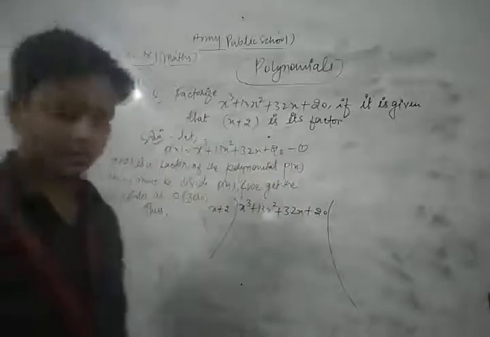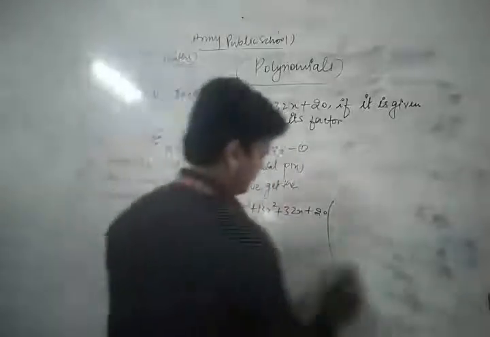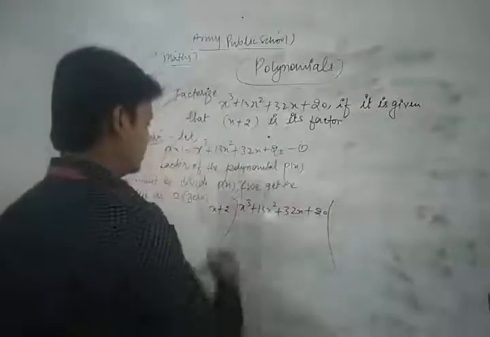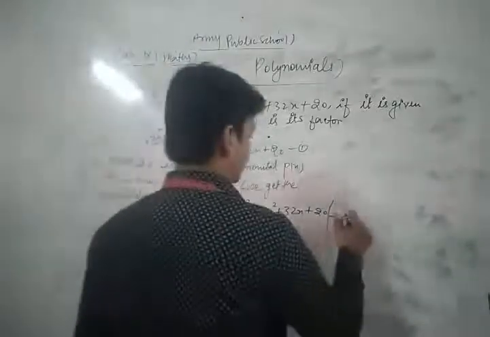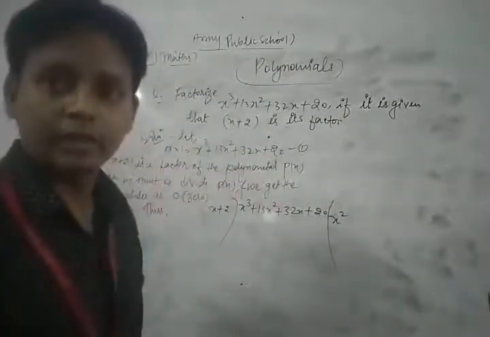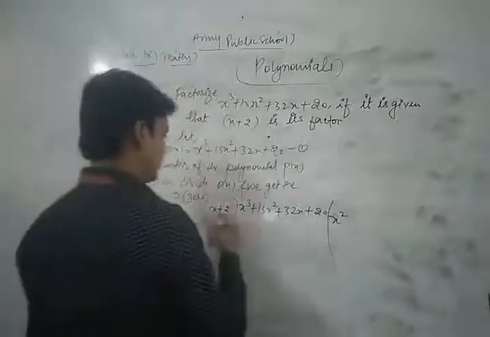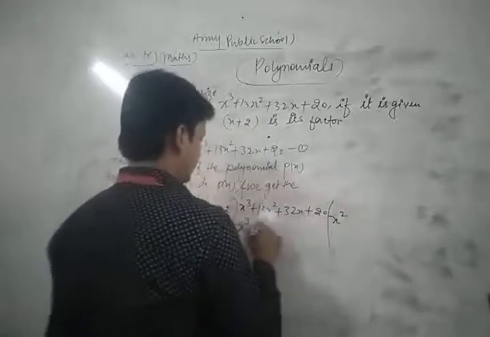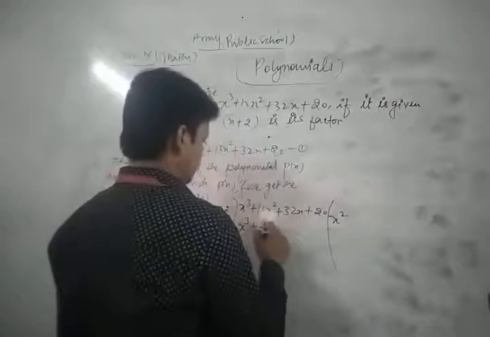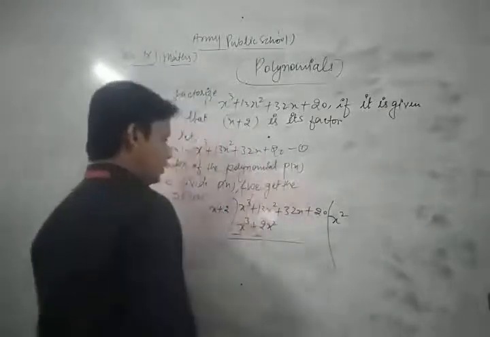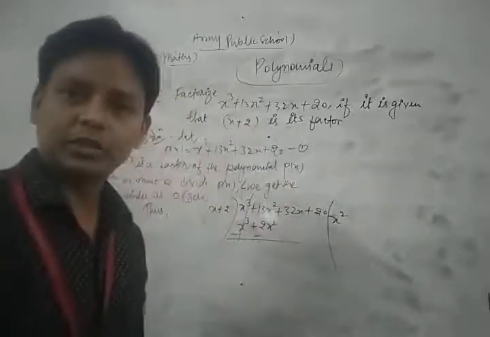Now, dear students, we must divide, taking x square times. Now we get x cube plus 2x square, so we subtract, and x cube minus x cube cancel each other.